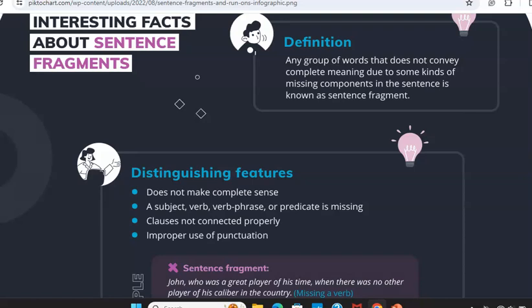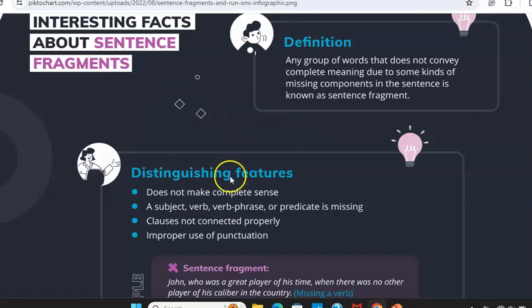Before giving an example of a run-on sentence, the infographic goes on to give distinguishing features of a run-on. Here, an example of cognitive overload and pre-training principle.